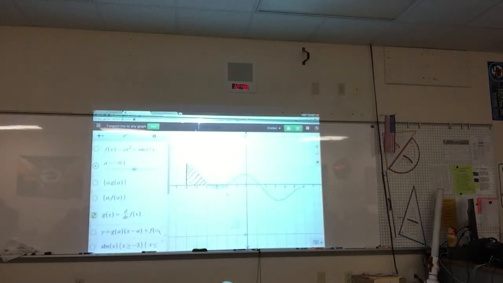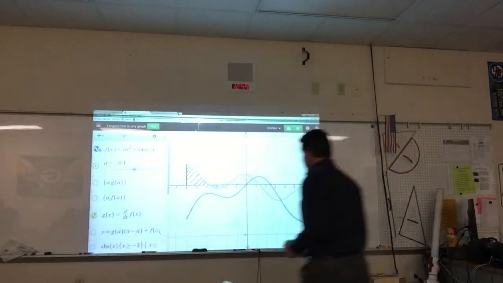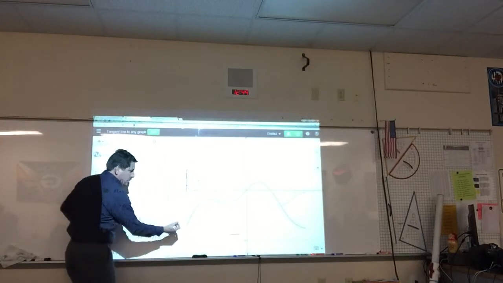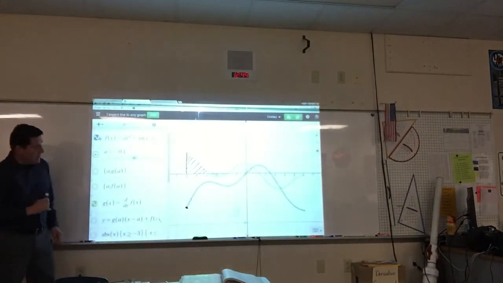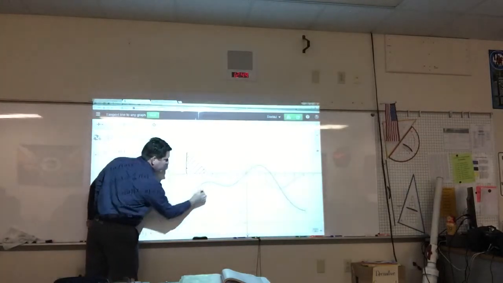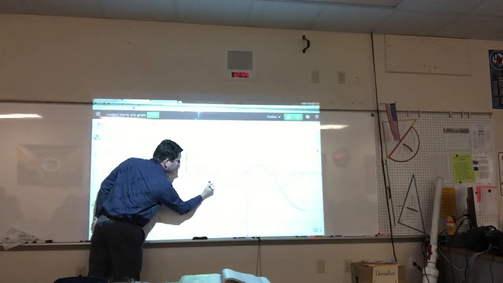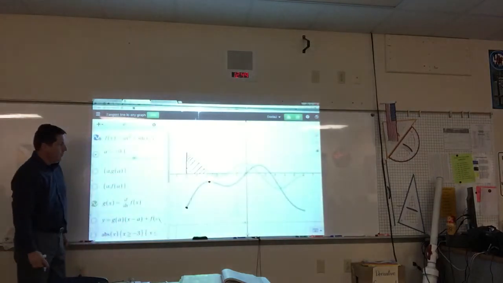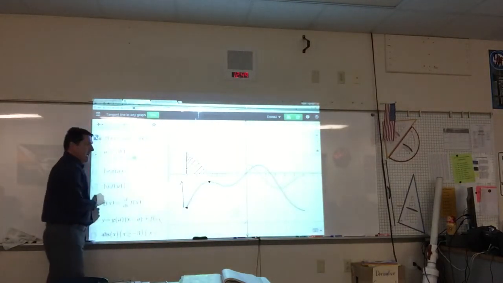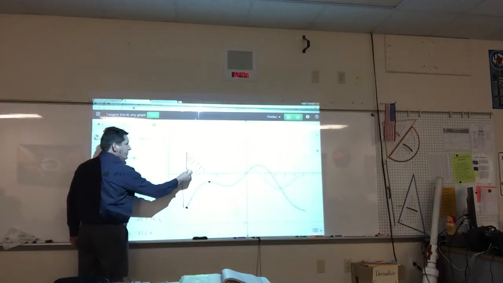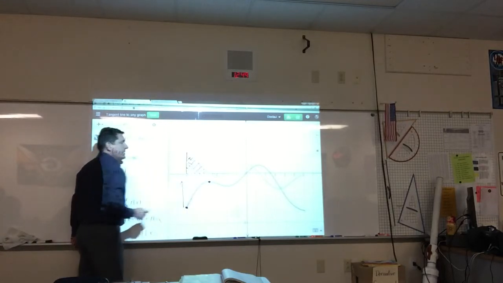So, when I graph the function, I'm going to try to explain what's going on here. F of x, this is the blue one now, the function. Remember? F of x increases from here all the way up to here. The y coordinate increases this much. That number is actually equal to the area under this curve.